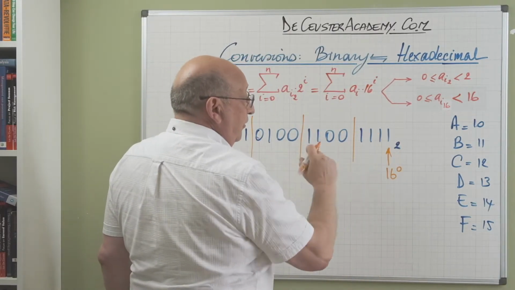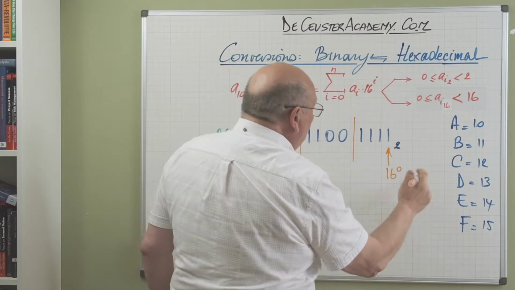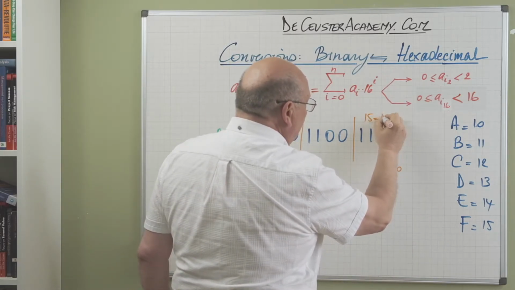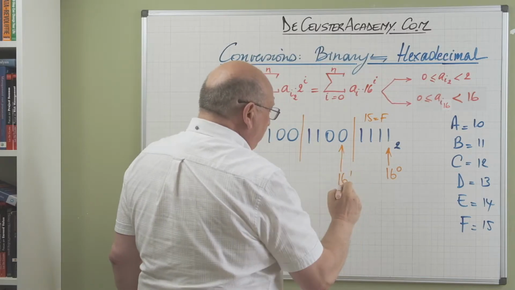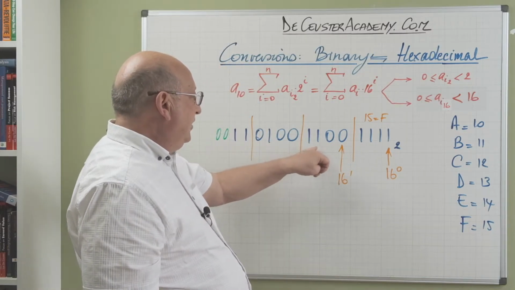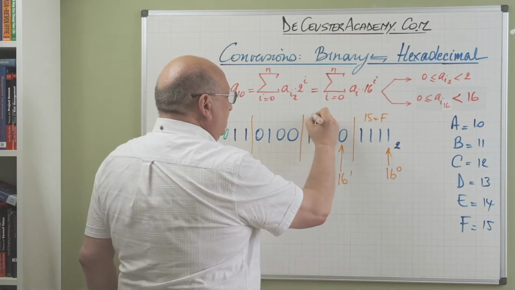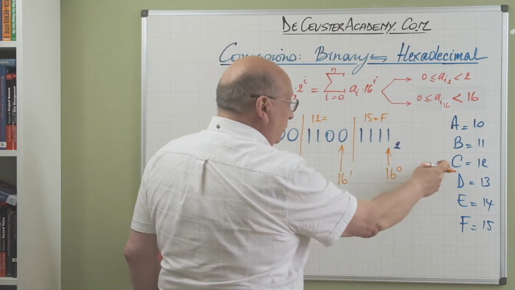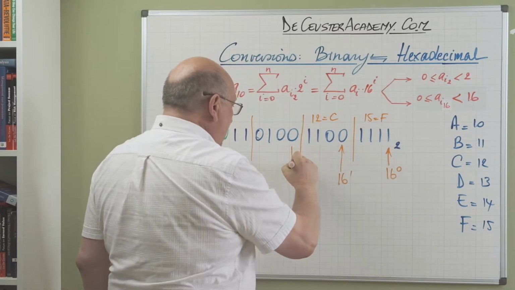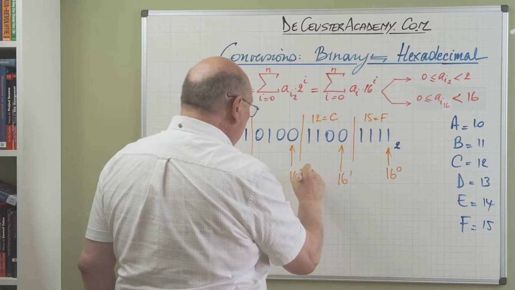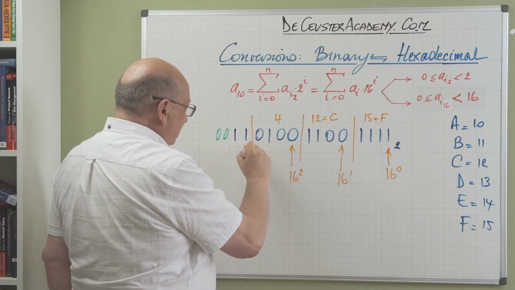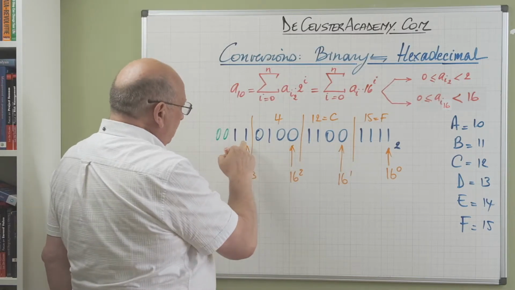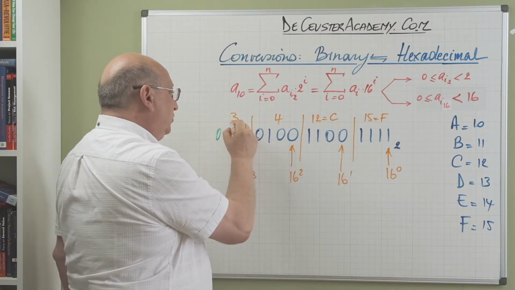We have here 15. So 15 is equal to F. Here we have 16 to the power 1. We have 8 plus 4 is 12. 12 is equal to C. Here we have 16 to the power 2. We have here 4. And we have 16 to the power 3, which is 1 and 2, which is 3.